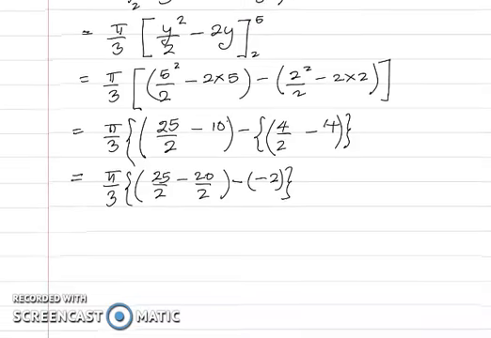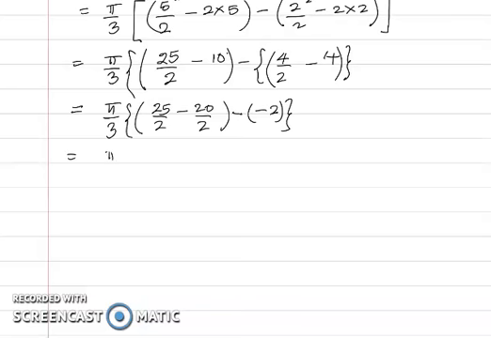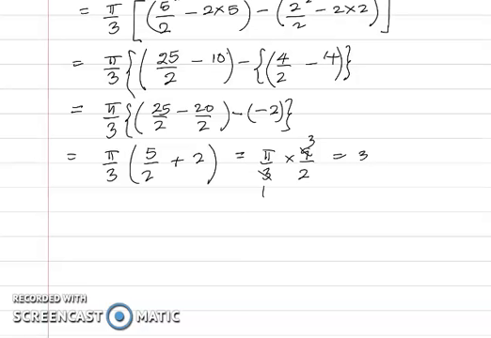All right, and so now we have pi over 3. This is 5 over 2 plus 2. So that is 4 over 2. That's 9 over 2. Now I have pi over 3 times 9 over 2. Our final answer is 3 over 2 pi cubic units. All right.